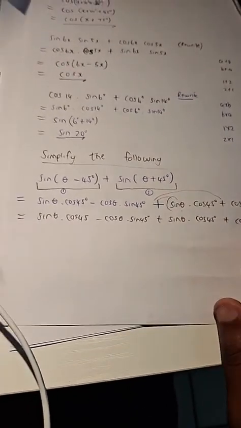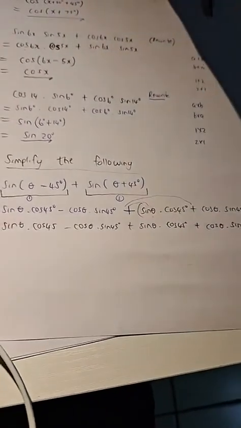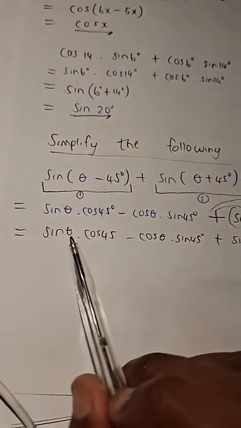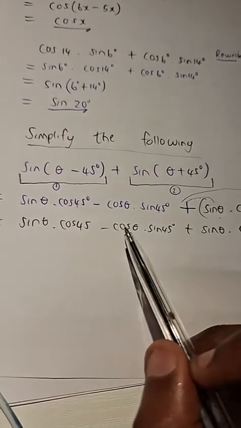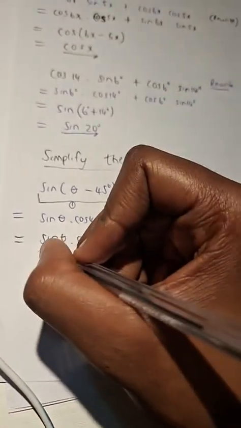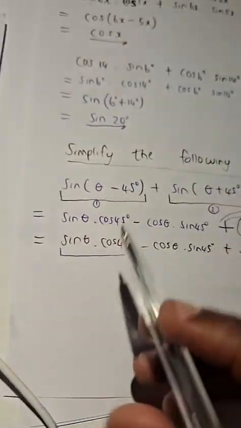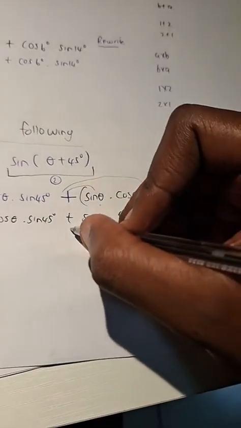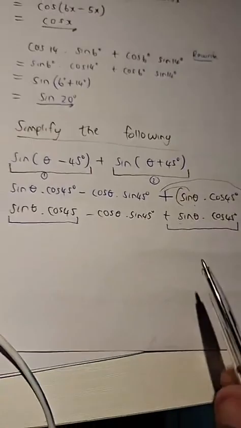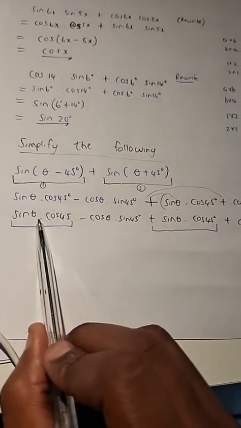Then we are going to look for like terms. This is like xy minus xy, it's like xy minus something else, you see. So these are like terms. Sine theta cos 45 is a like term with plus sine theta cos 45. So how many sine theta cos 45s do we have?